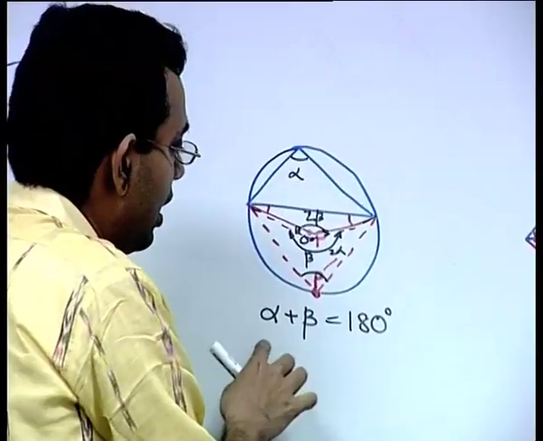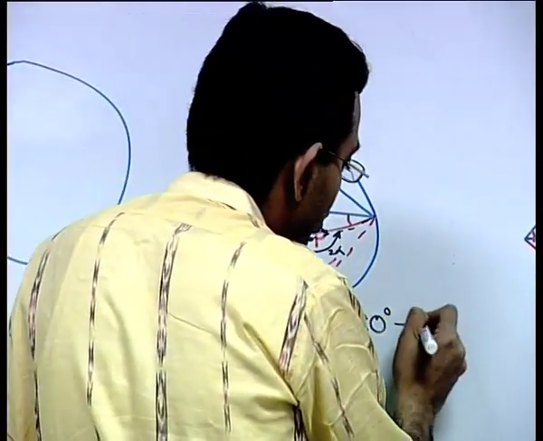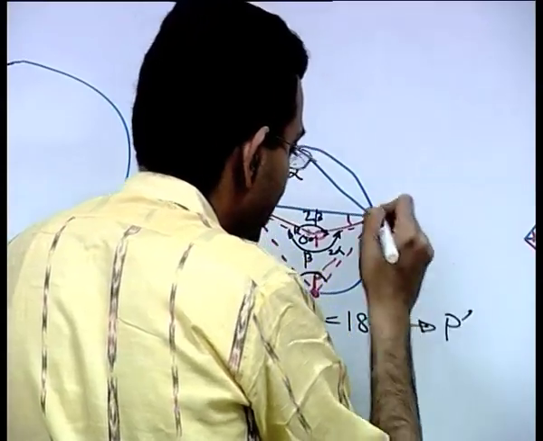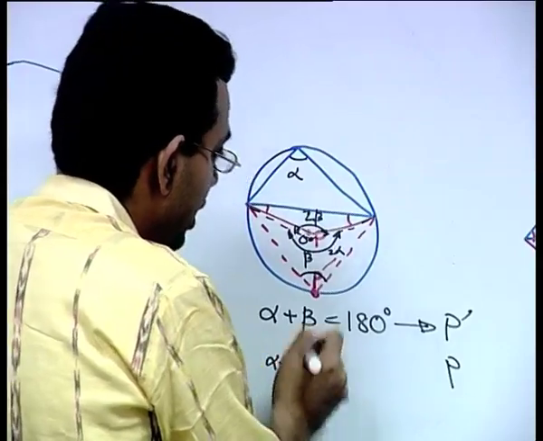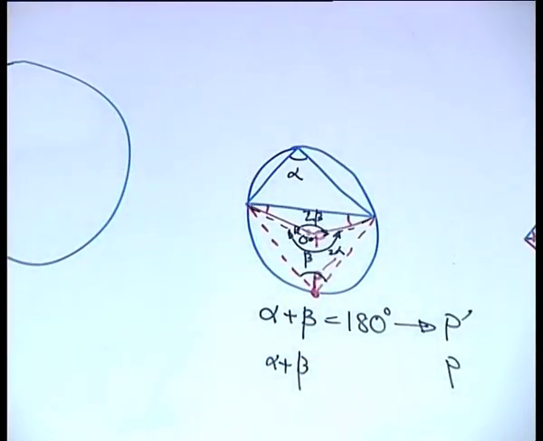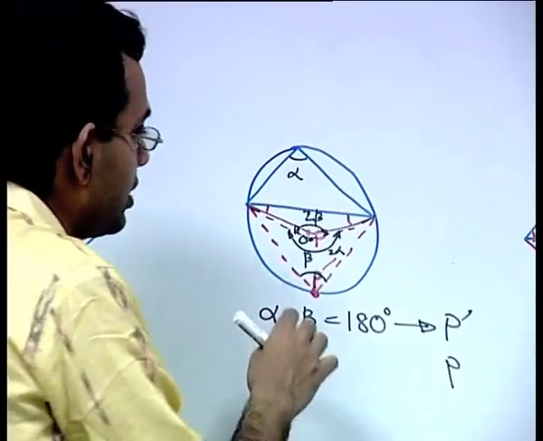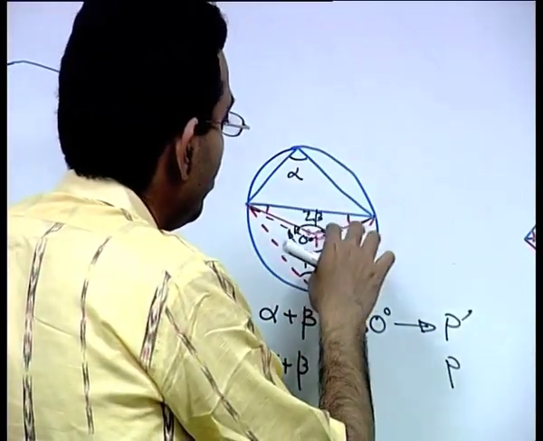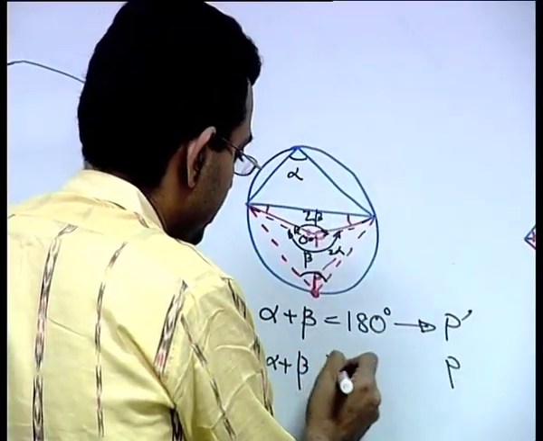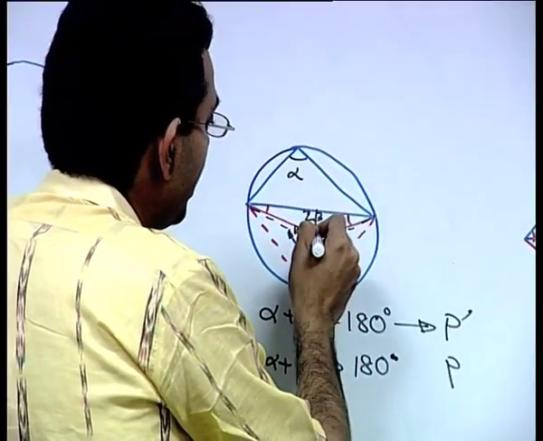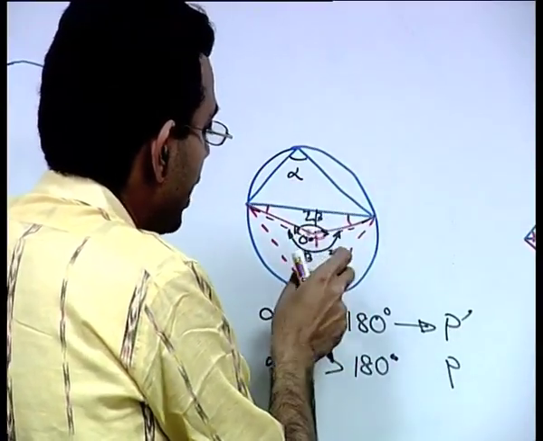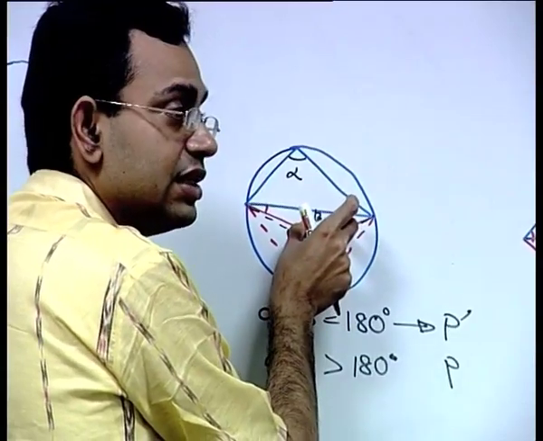Given the angle alpha, alpha plus beta is equal to 180 degree for the point P dash. Then for the point P, what is alpha plus beta? Greater than 180 degree or less than 180 degree? Greater than 180 degree, because you can see that if you bring the point inside, this angle beta increases.